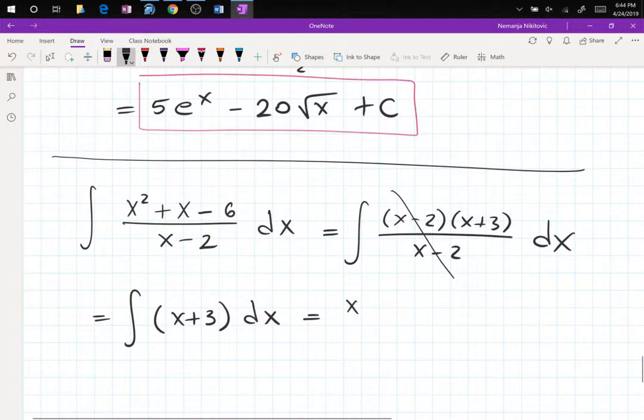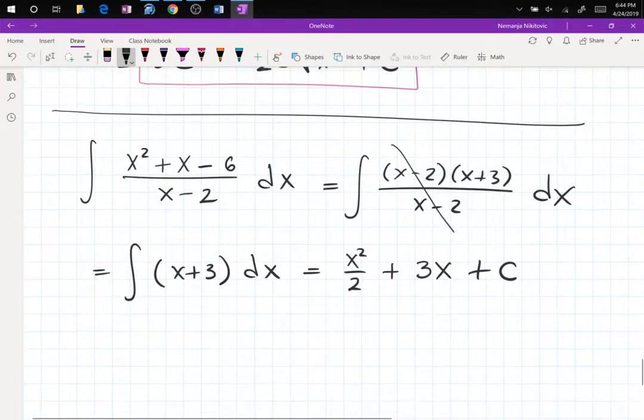X squared over 2, good. Because exponent is 1, 1 plus 1 is 2, divided by 2. And what's the integral of 3? Integral of 3? 3x. And then we have plus c.